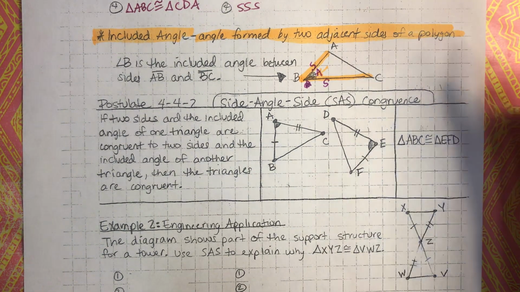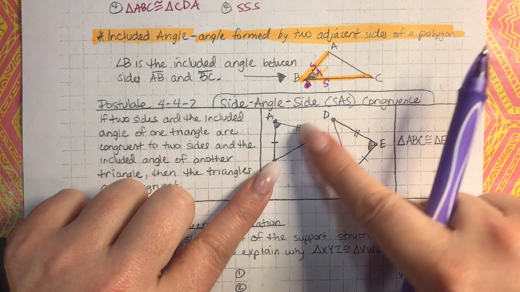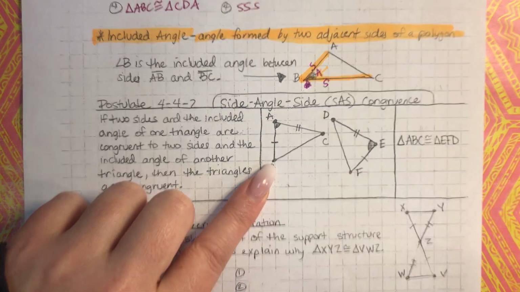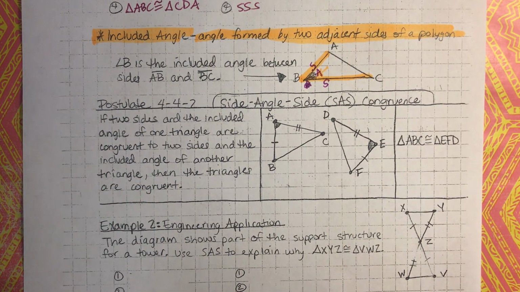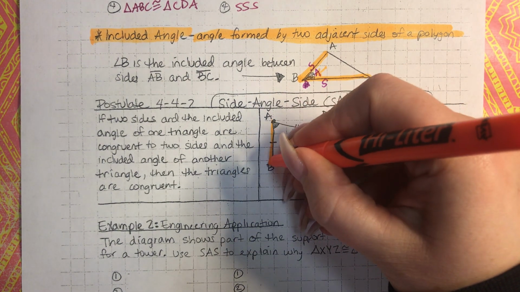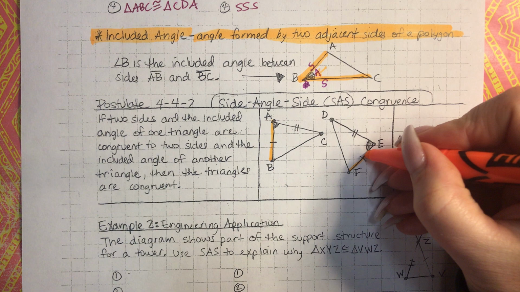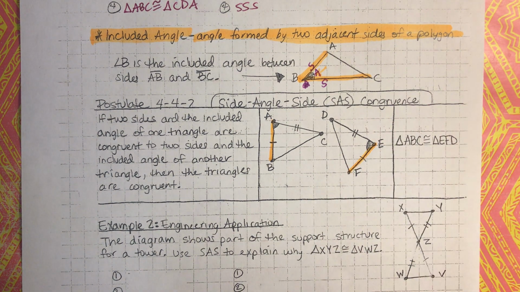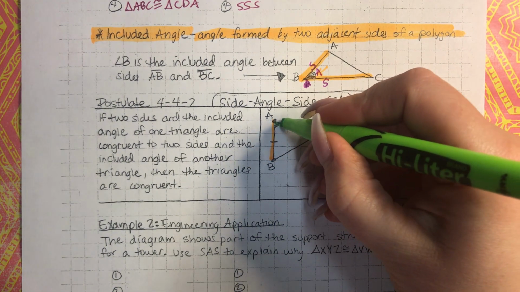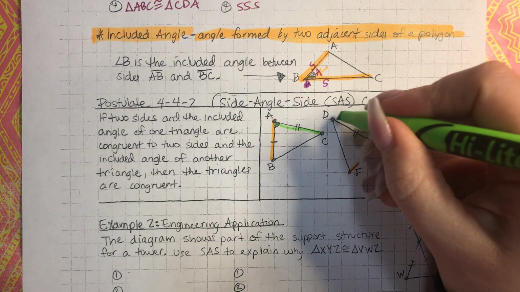So if you see here, this angle is included by these sides, right? So this side here is the same as this side here. And this side here is the same as this side here.